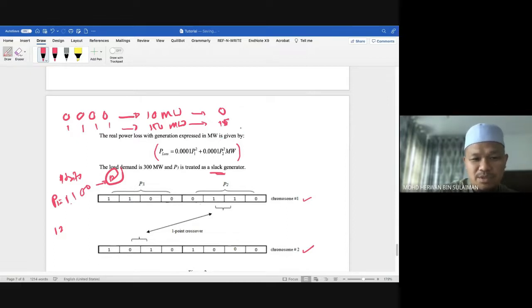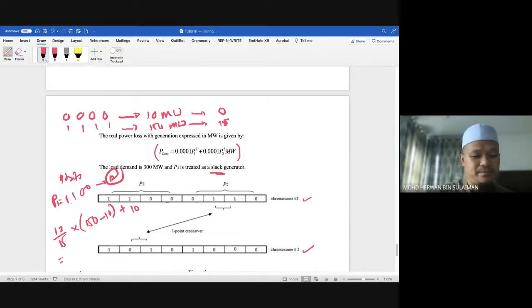1111 in decimal is 15. So 12 over 15 times the maximum minus minimum plus minimum. The maximum is 150 minus 10, plus the minimum, which is 10.